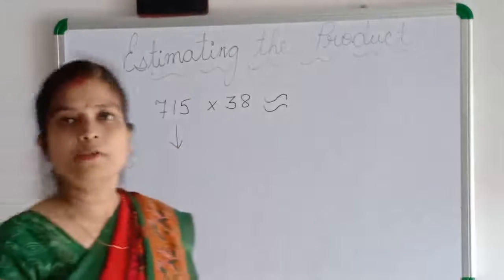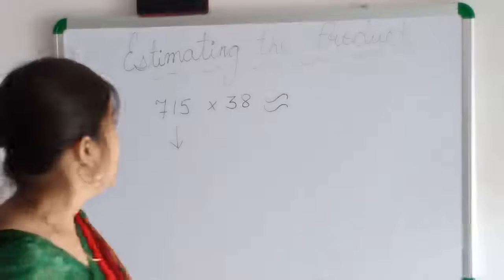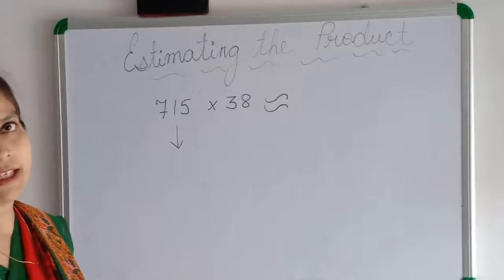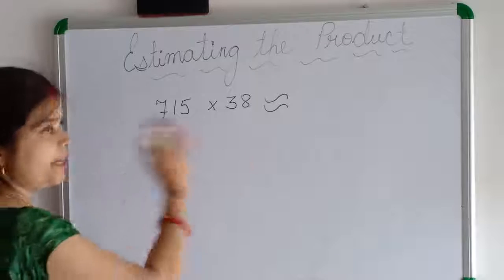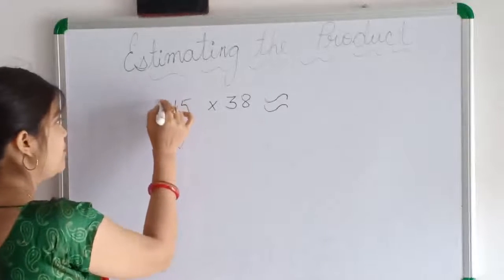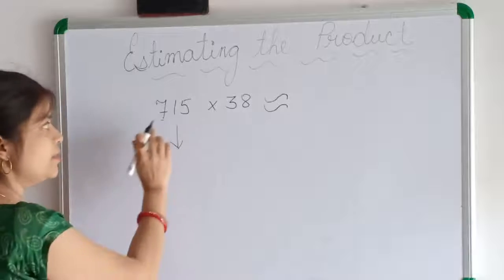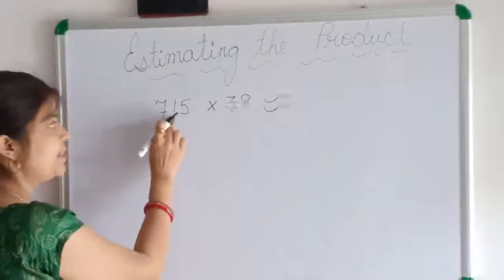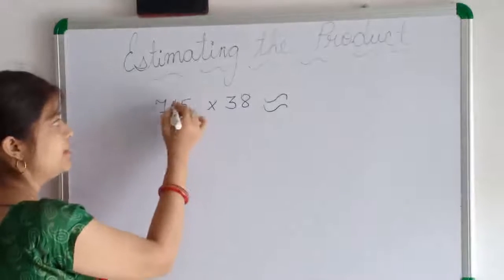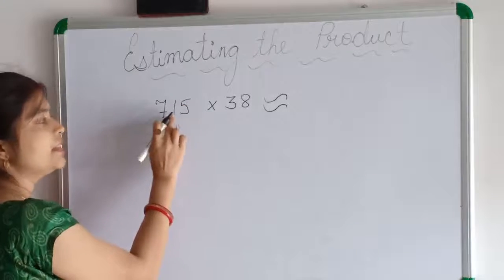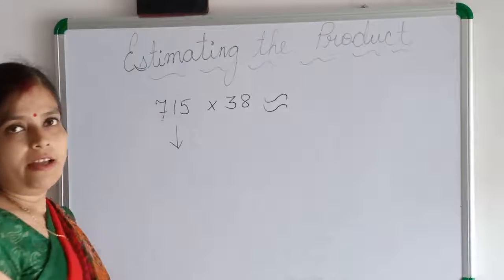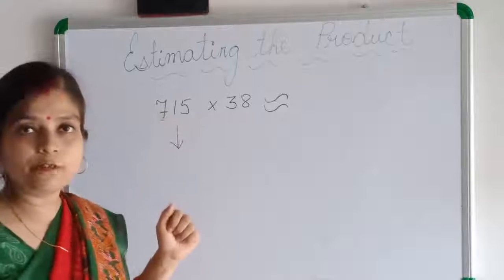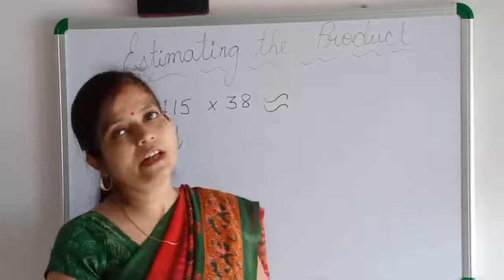And we know the rule of rounding off. Whenever we round off to a place, we will see the next place to its right hand side. Means we have to round off to this 100 place, so we will see the number which is just right of it. What is just right of this 7? That is 1. Now we will find whether this number is equal to 5, more than 5 or less than 5.